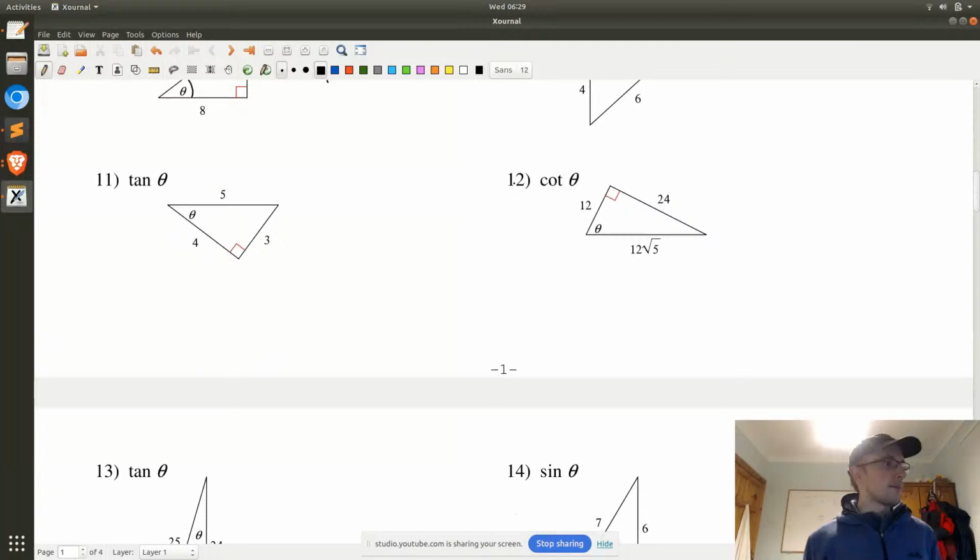Tangent of theta, what's that? Well, that's opposite over adjacent. So that's 3 over 4. Cotangent of theta is adjacent over opposite. So what's that? That's 12 over 24, which is a half.